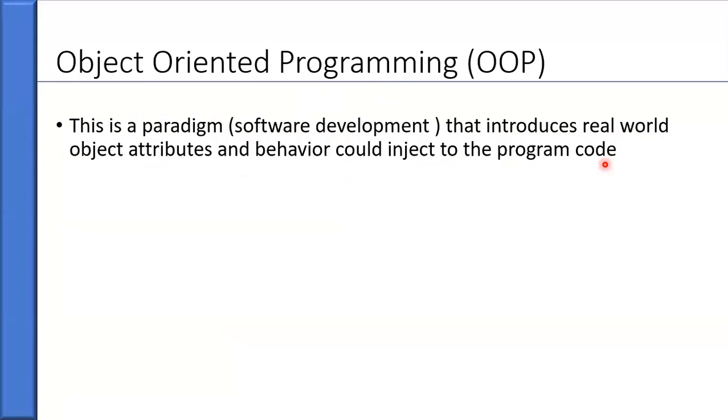Now, sometimes you haven't written any code ever, sometimes you have written some small piece of code, or sometimes you have developed code well, whatever level you are at. Under this software development paradigm, object-oriented programming is focused on real-world objects.